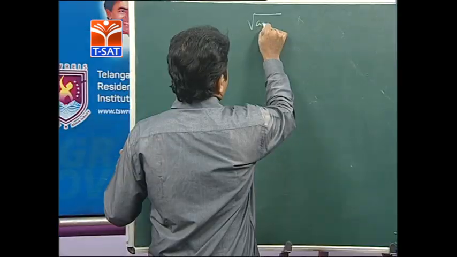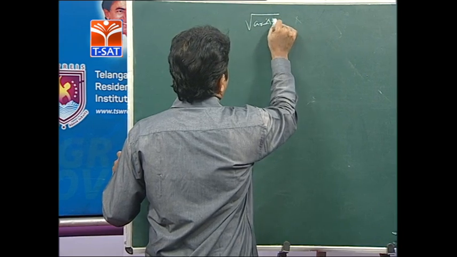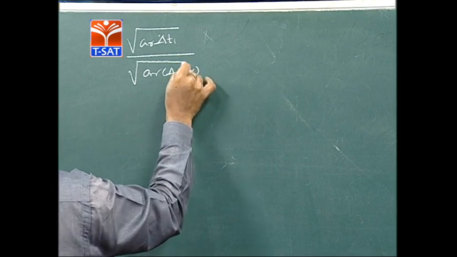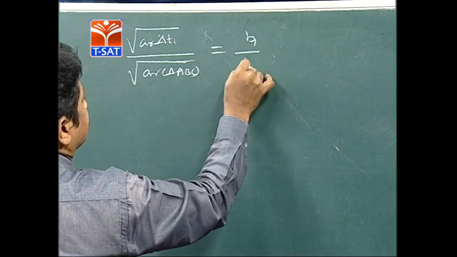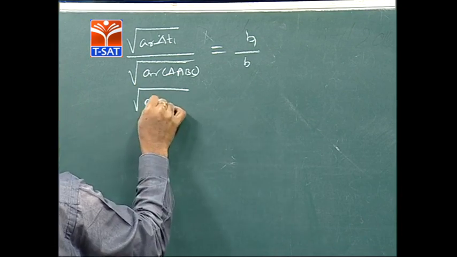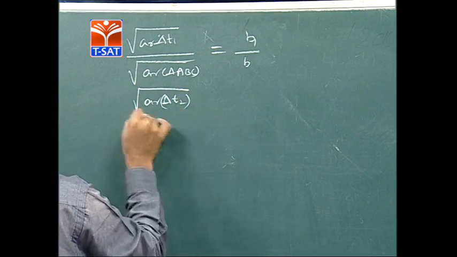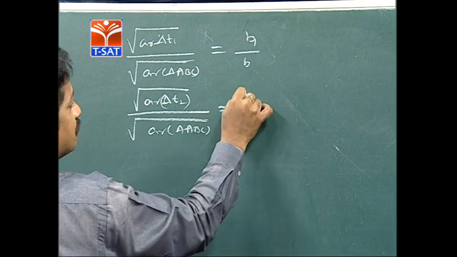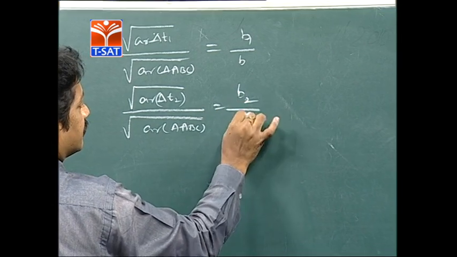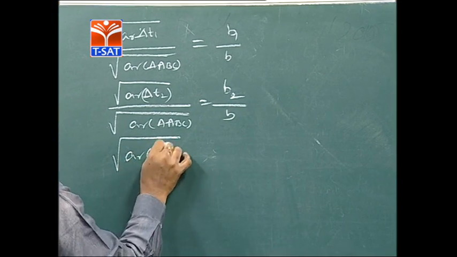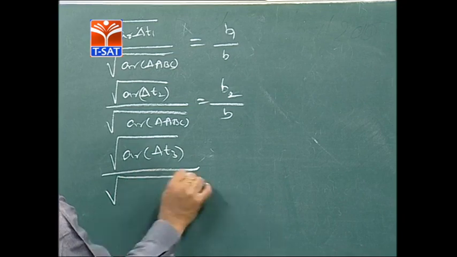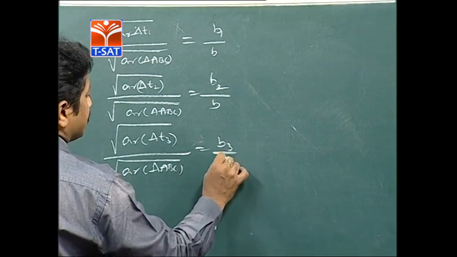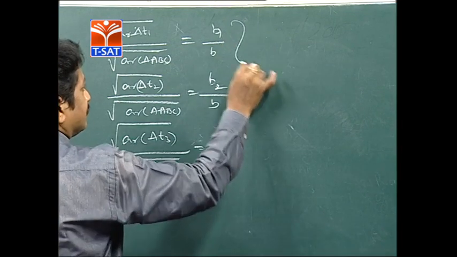First, square root of area of triangle T1 by square root of area of triangle ABC is equal to B1 by B. Second, square root of area of triangle T2 by square root of area of triangle ABC is equal to B2 by B. Third, square root of area of triangle T3 by square root of area of triangle ABC is equal to B3 by B. Now add all this.